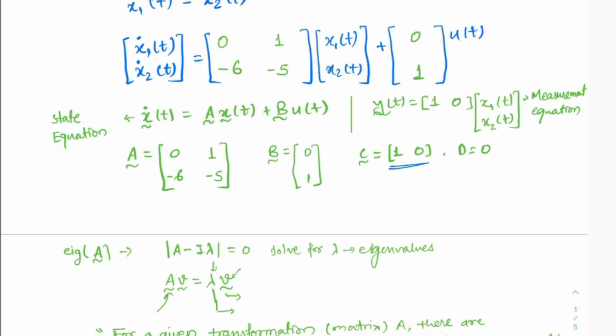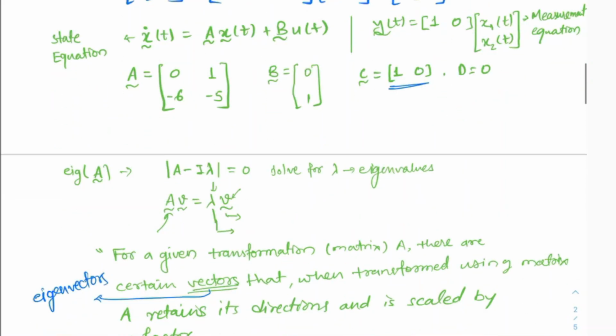When we write this in discrete form, x(k+1) equals Ax plus Bu, every time your A matrix does something to your state, and your input also contributes, resulting in the next state of your system.